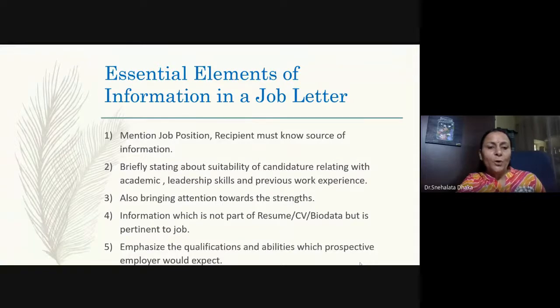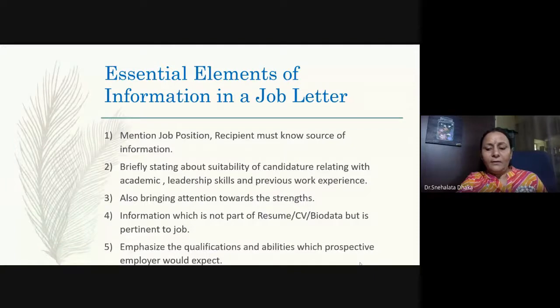And the fourth point, that is information which is not part of resume, CV or biodata, but it is pertinent to the job. Any certain type of information which cannot be part of resume, CV or biodata, but it is related or it will positively add to the person's profile, that information can also be precisely mentioned in the job application.